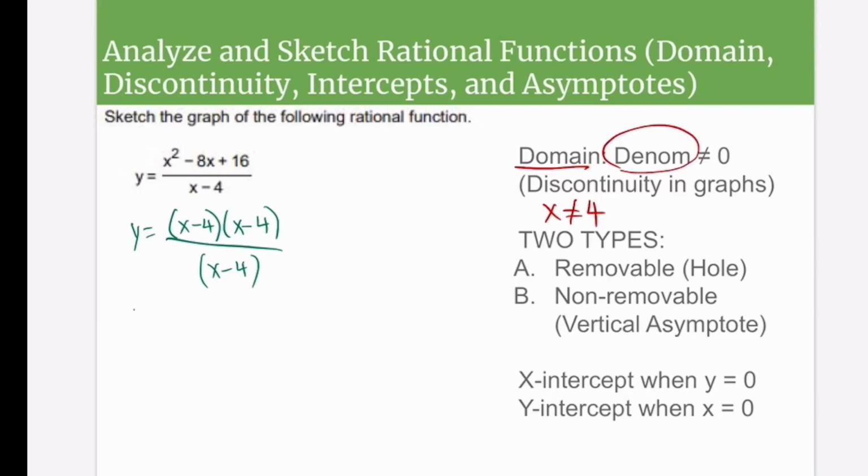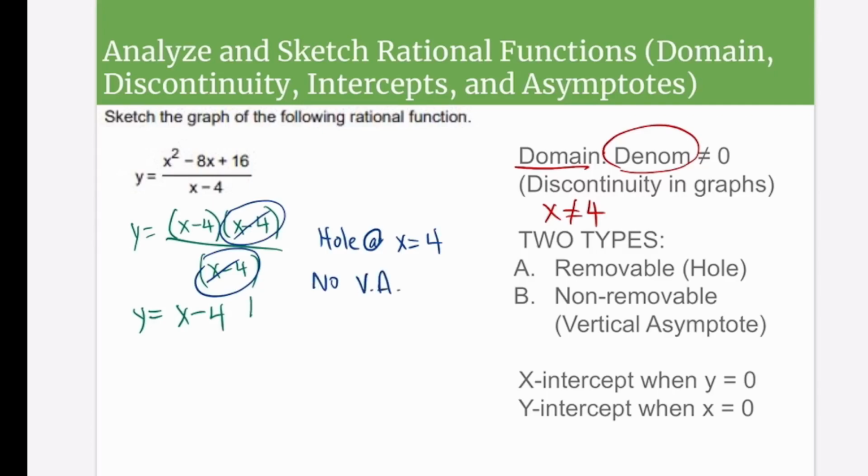So this simplifies, and we can actually cancel an x minus 4 on top and bottom. So we just get y equals x minus 4. So because that x minus 4 cancels, we have a hole. So we have a hole when x is 4. There is no vertical asymptote.